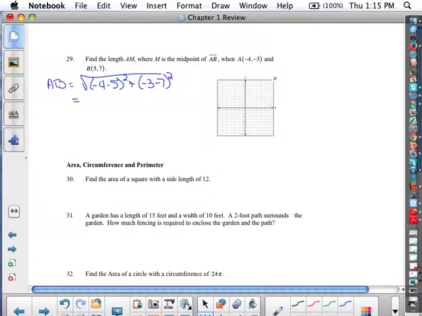So again, this is just like the previous problem. In the interest of time, I'm going to skip ahead. That's 81. That's 100. So AB is the square root of 181. So all I have to do to find AM is divide by 2. Just divide that by 2. And you'll have AM.